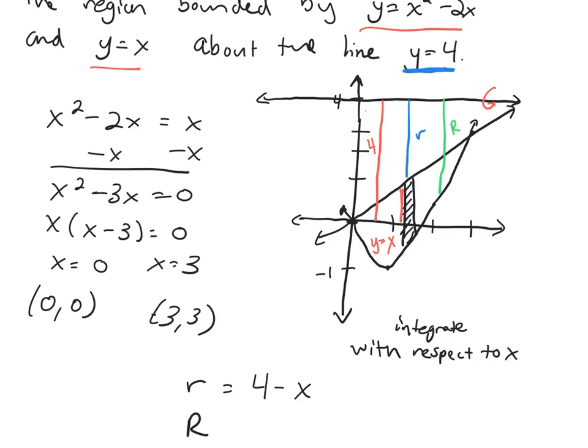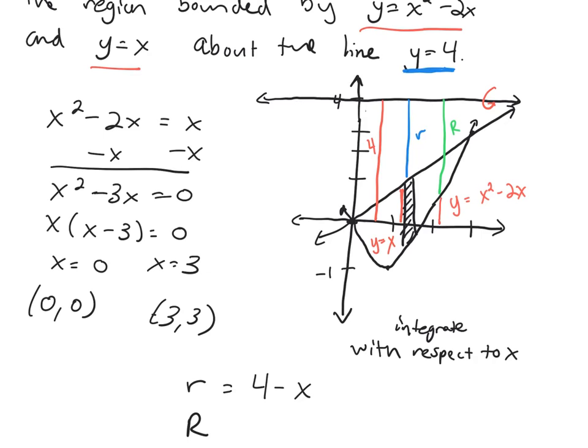You get it in the same way. You're going to take 4 minus this red distance here, which is given by y, but it's x squared minus 2x for this function because it's our parabola. So to get the green line, I take the big 4 and subtract this little red line here.